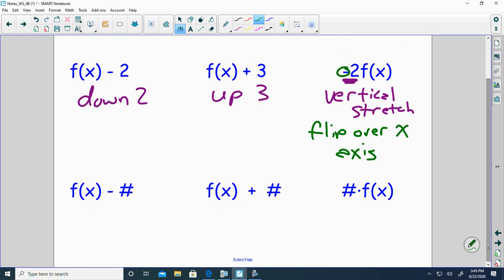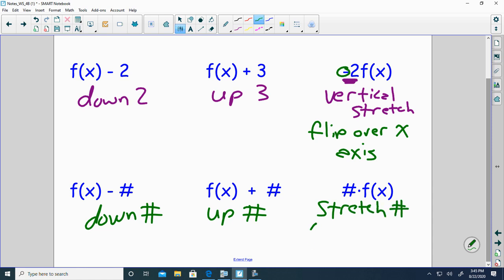All right, so down, hashtag, up, hashtag, stretch, hashtag, and then we'd say could flip over x-axis if negative. Sound okay? And again, if you have any questions on this, I'm happy to answer them while we're in class, okay?